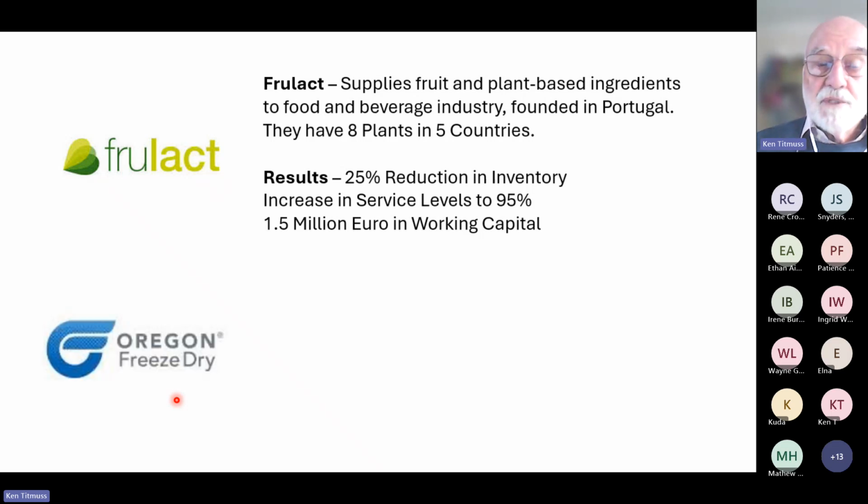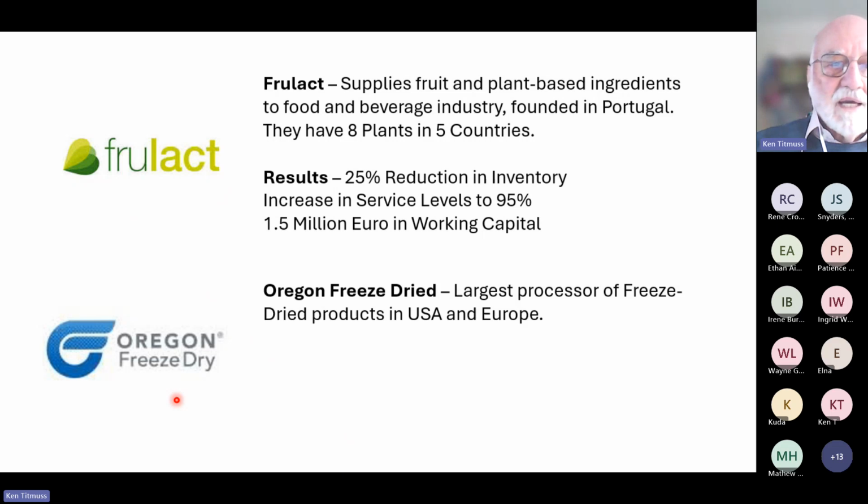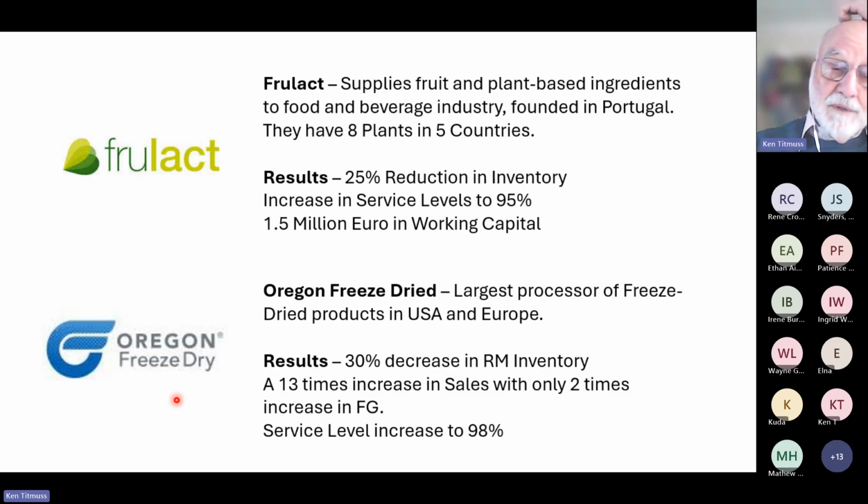Oregon Freeze Dried was probably one of the first, and Chad was very involved in this company over the Y2K period. They made freeze-dried food, and their demand went through the roof because everybody thought the world was coming to an end with Y2K, and they all rushed off and bought freeze-dried food to keep just in case. So it's one of the largest processors of freeze-dried food in USA, and they're also in Europe as well now.